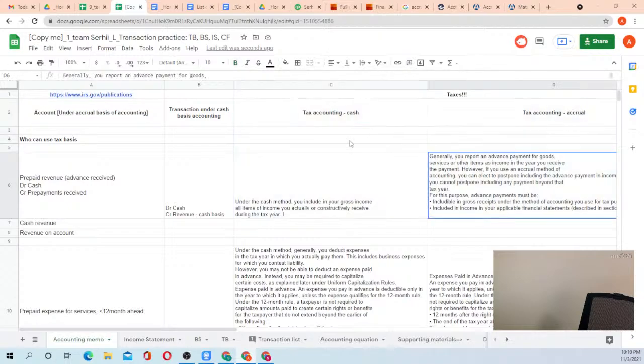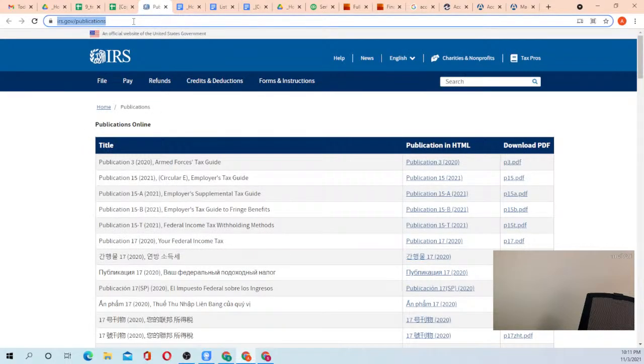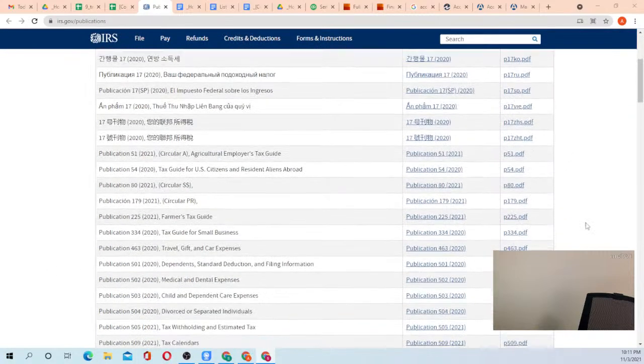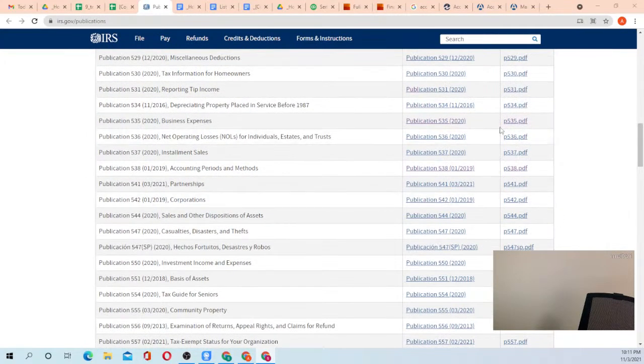And both of these are based on IRS publications. So here we have IRS publications. That's where your CPA, or your tax agent, or enrolled tax specialist goes when they calculate your tax liability for your business.